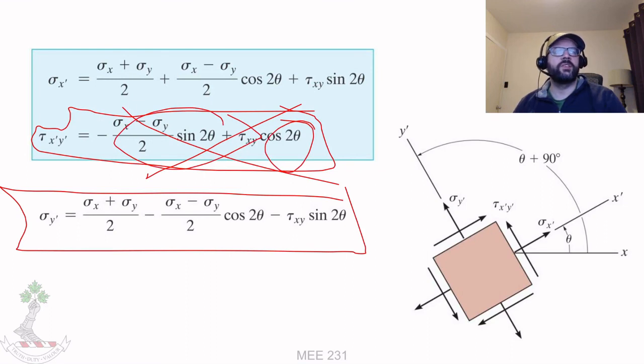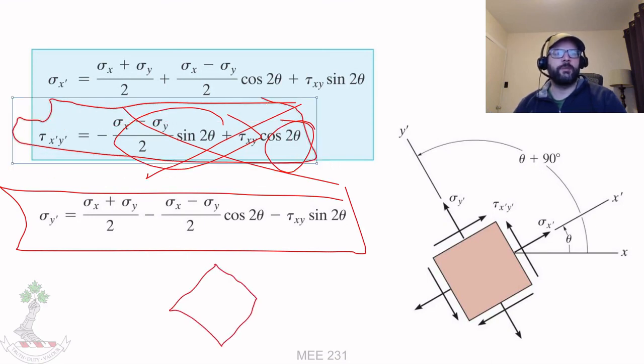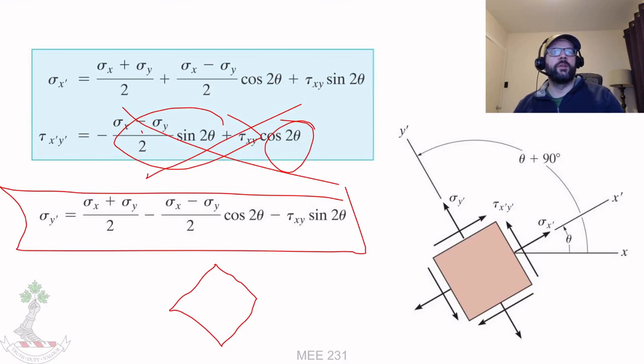And you can also rotate to a point where this is a maximum. And when you rotate to a point where the shear stress is a maximum, you end up getting to a state where the normal forces on all four faces are exactly the same.